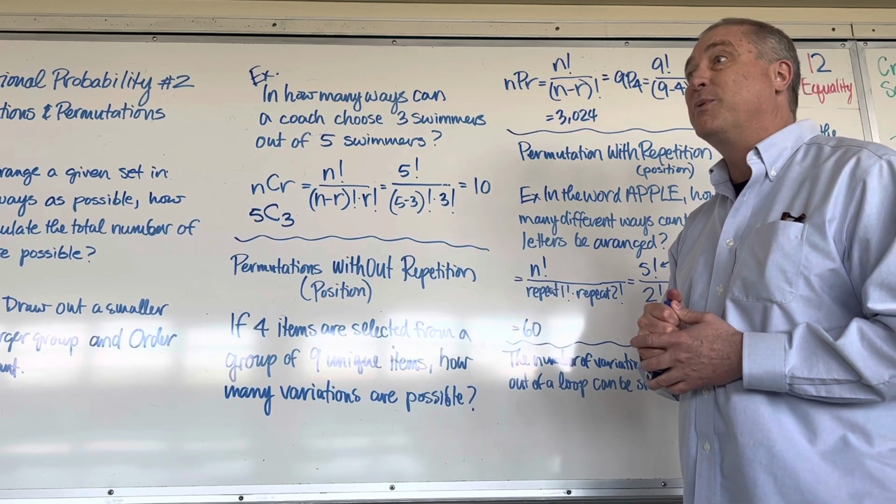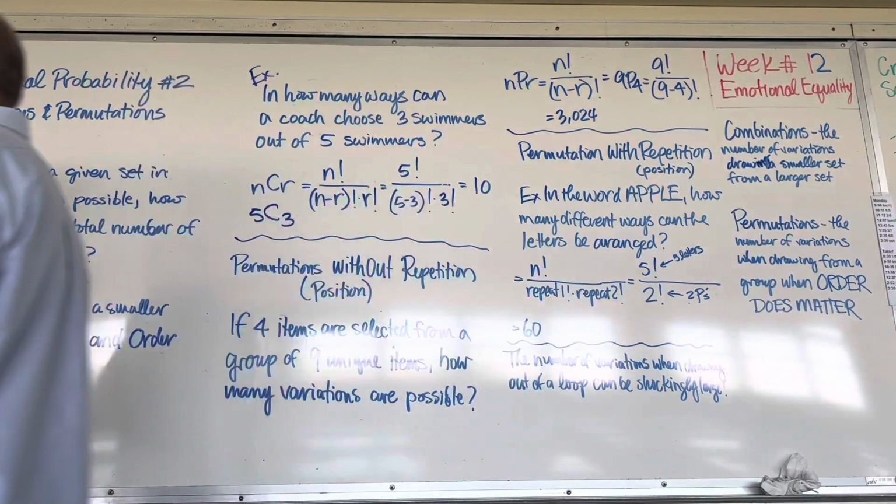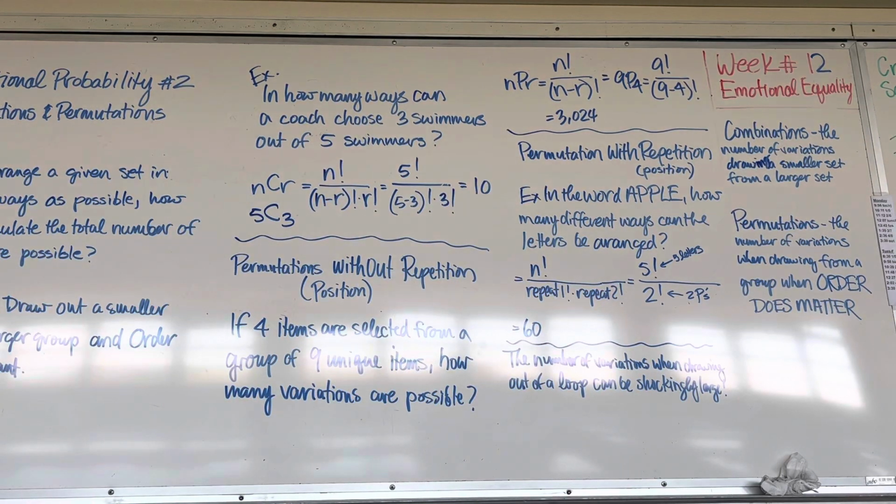Okay, did it not come out? What's happening? Okay, so what'd you do? 5 factorial. Good. Divided by. Now let's just do the math ourselves. We'll do 5 minus 3 is 2. 2 factorial. Say equals. Now say divided by.